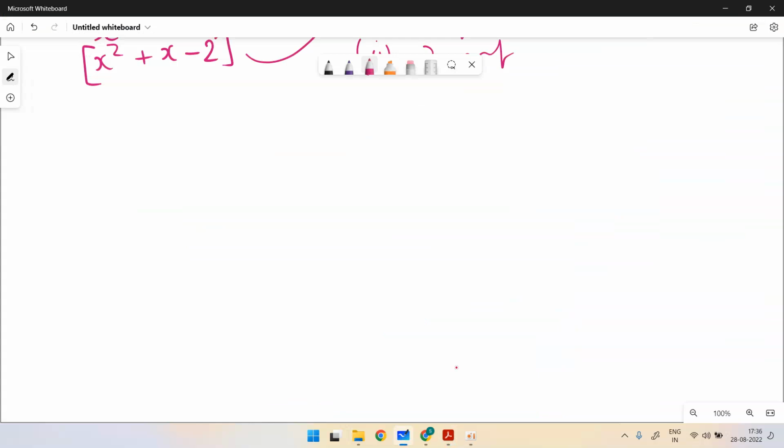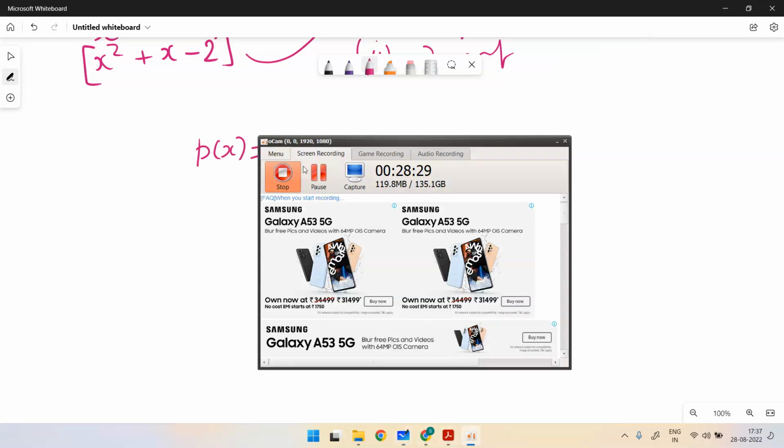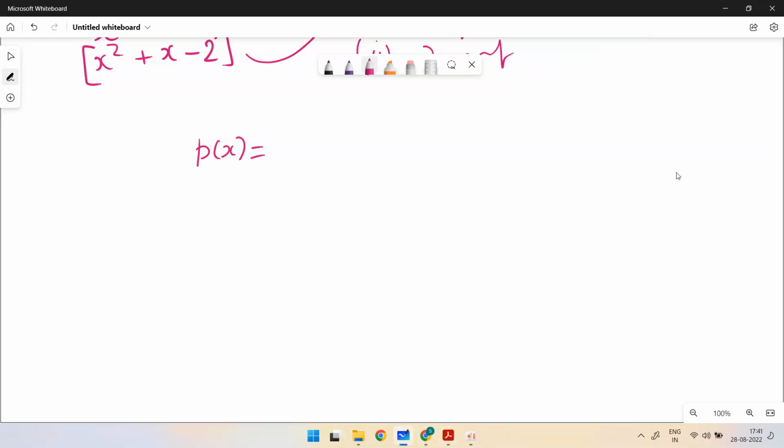Now, a polynomial p of x. Let us assume that p of x is a polynomial of degree 2, and let's suppose I write it as ax square plus bx plus c.